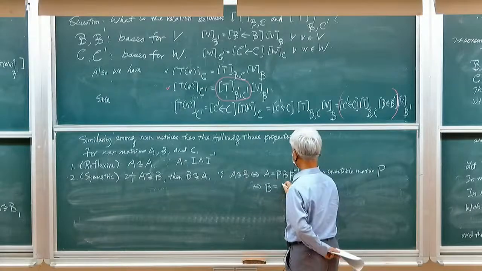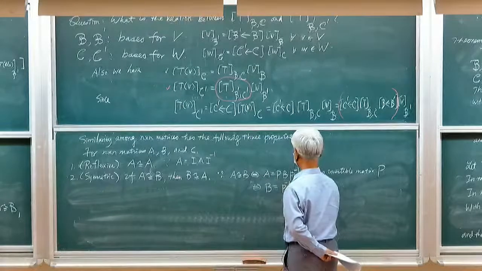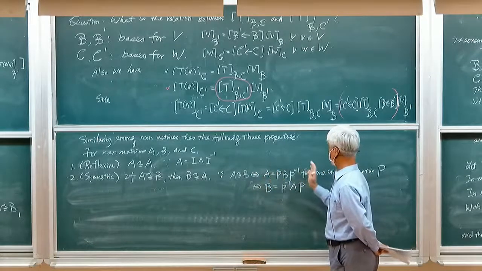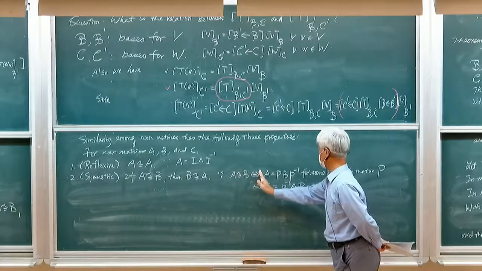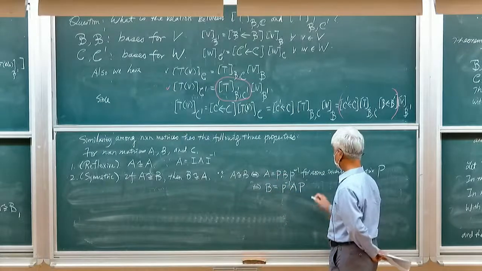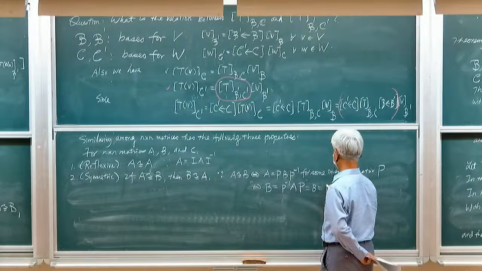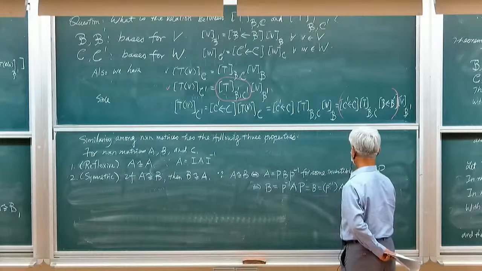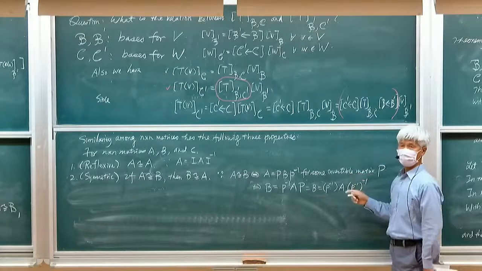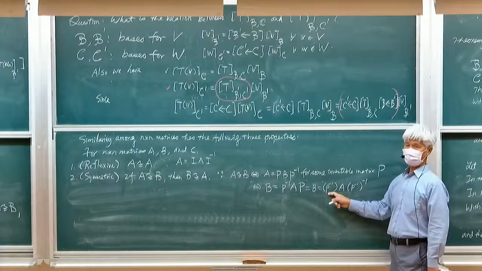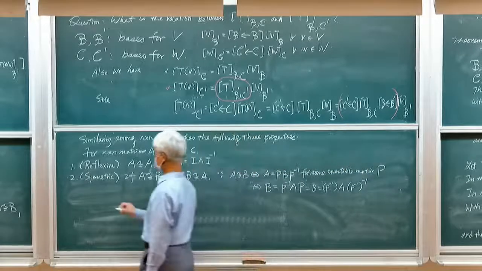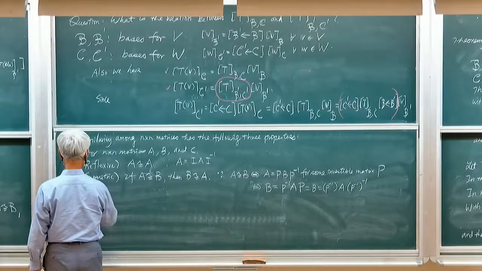If we multiply P inverse on the left and P on the right, the P's cancel, and you get B equals P inverse A P inverse inverse. Now the invertible matrix required is the inverse of P, and the inverse of P is also invertible. So this is true.